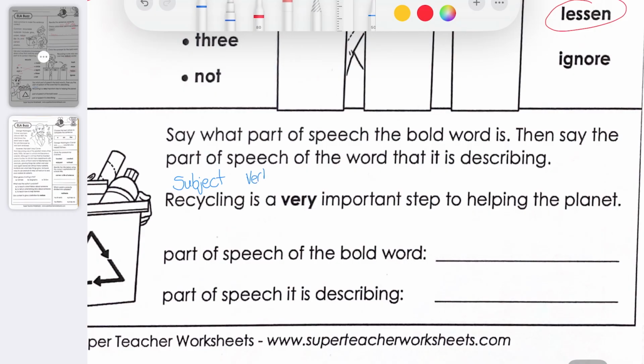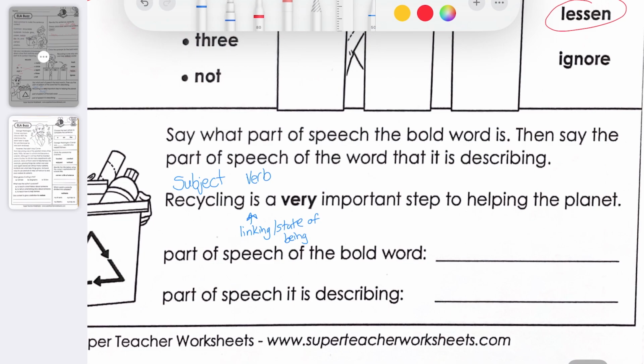This is called a state of being verb or a linking verb. There's action verbs like jump, swim, those kinds of things. And then there's linking or state of being verbs. We did a couple of those. Is, am, are, was, were, be, been, being. Those are the state of being verbs.